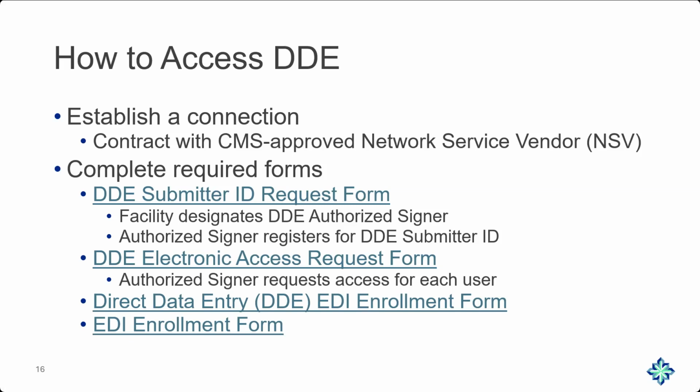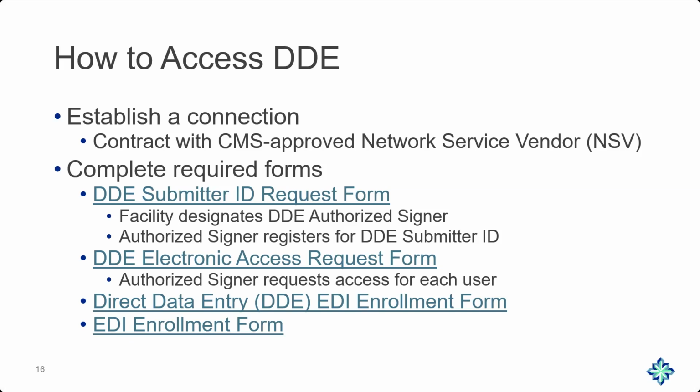Once a connection is in place, there are forms, of course, that have to be completed. Each facility will designate what's called a DDE authorized signer. The authorized signer has to register for a DDE submitter ID by completing the DDE submitter ID request form. These forms can be submitted and sent to WPS right from our website.